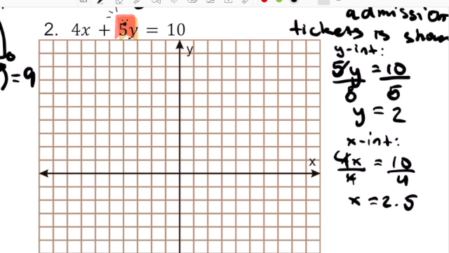And we'll just go ahead and graph that. Plot those points: y equals 2 on the y-axis, and then 2.5 on the x-axis, so right in the middle. And then from those 2 points, just draw the line going through. And so here's how we graphed the standard form for 4x plus 5y equals 10 using our x and y intercepts.